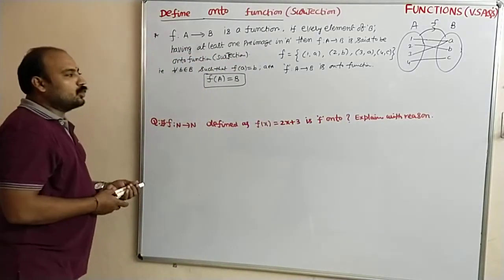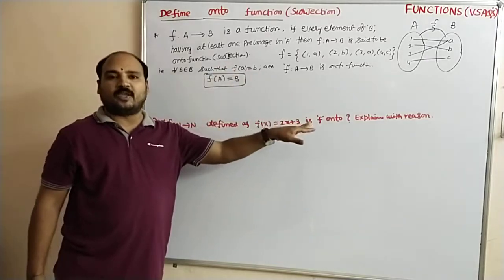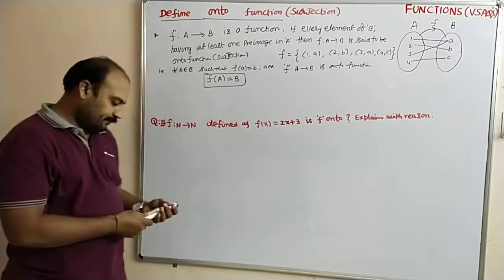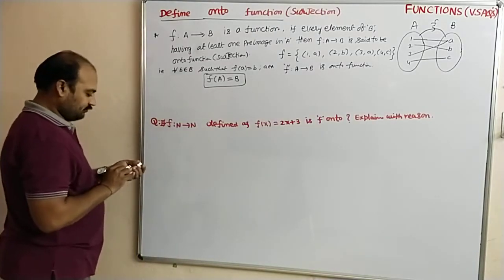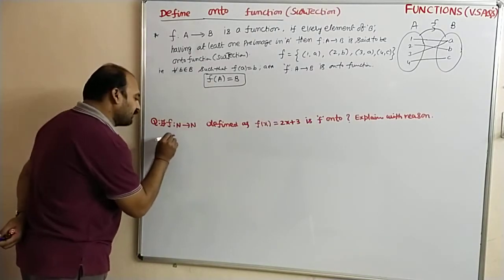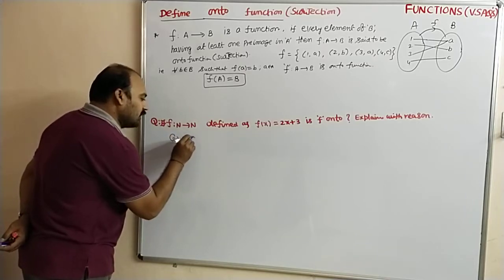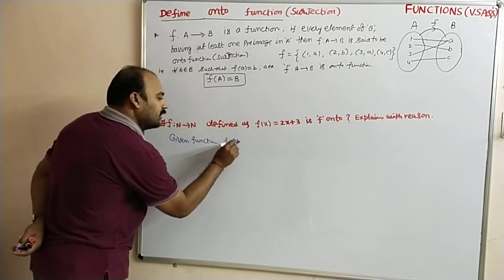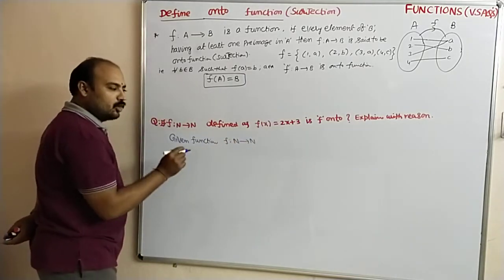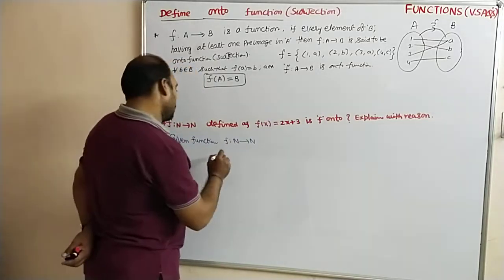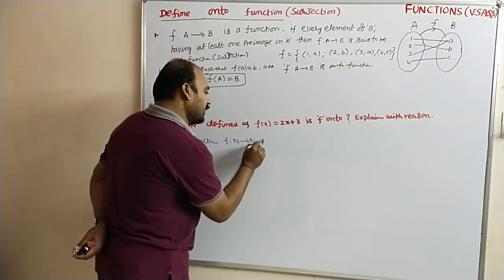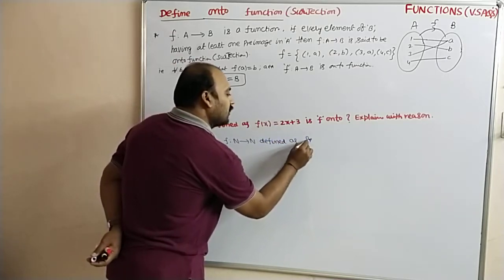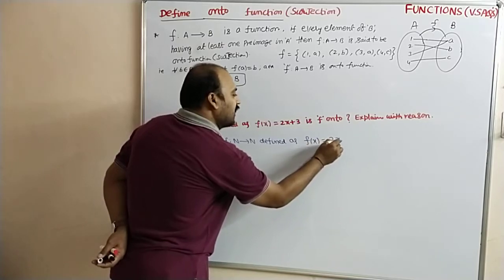First, to prove onto, f(a) = b. Here I am taking y = f(x). Given function f from N to N, natural numbers to natural numbers, both domain and codomain are natural numbers, defined as f(x) = 2x + 3.